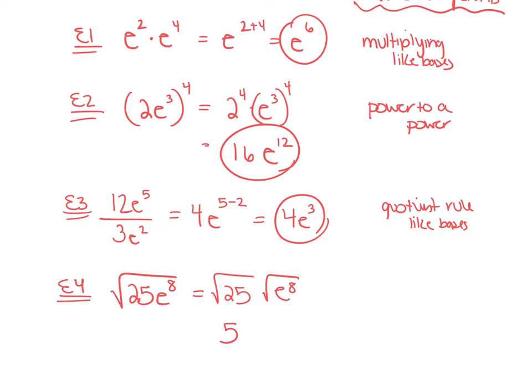And then the square root can be converted over as an exponent as a 1/2 power. So if it was square root, it can be 1/2, cube root, 1/3, fourth root, 1/4. And then you use your power to a power rule and you multiply those exponents. 8 times 1/2 becomes e to the fourth.